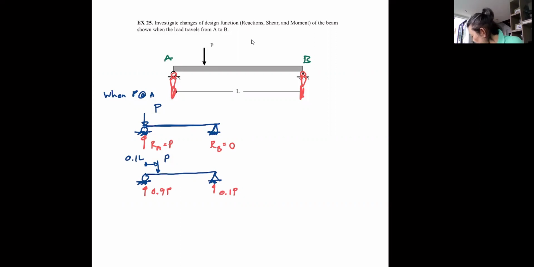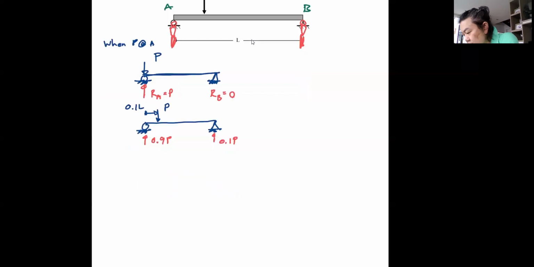I can still move the load further, let's say 10% more.